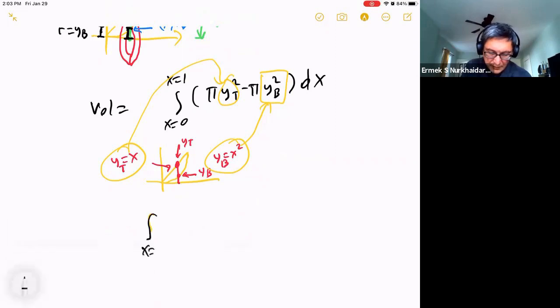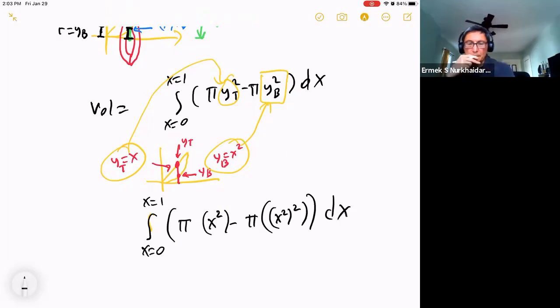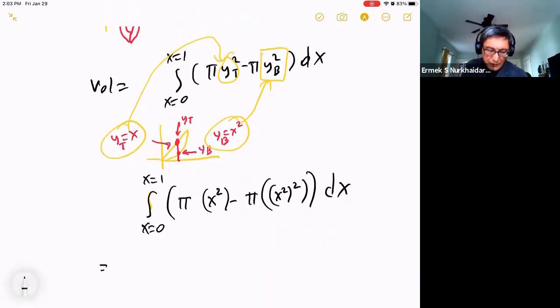So we're going to get integral from x equals 0 to x equals 1 of pi times y top, which is x, squared, minus pi times y bottom, which is x squared, so x squared squared. And that is a reasonably easy integral to calculate.